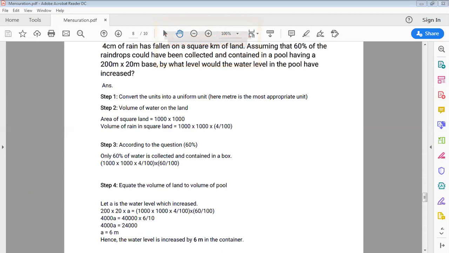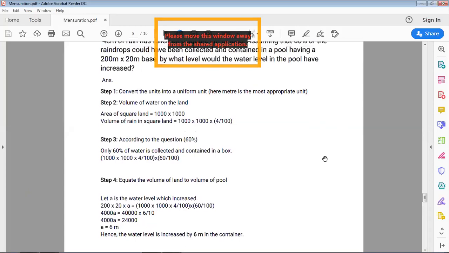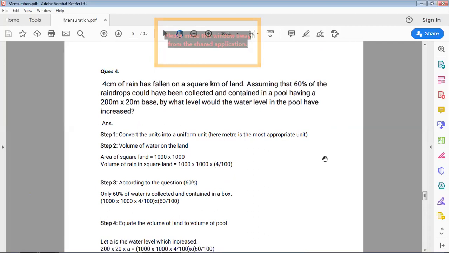So all of you got the solution. Okay, how you got the height? Height of what, Abhiyas? The height of the land or the height of the pool? Pool. Okay. So how do we get the height of the pool? Read the question again. Assuming that 60% of the raindrops could have been collected and contained in a pool.